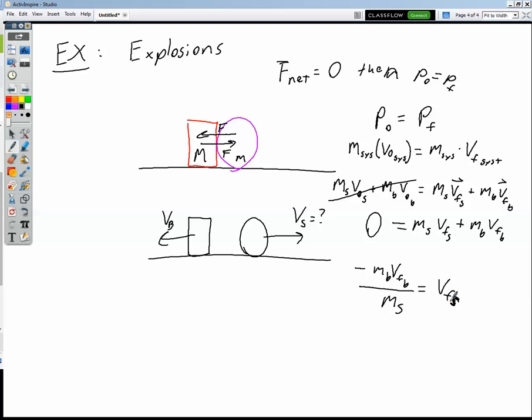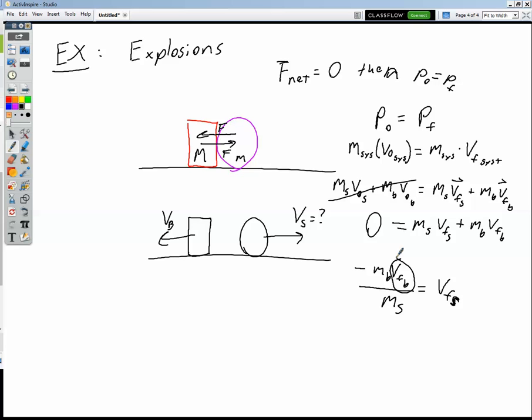And notice here the negative that we have on the left-hand side. Well, Bobby's final velocity is negative, so we're going to plug in a negative there, and the negative from Bobby's final velocity is going to cancel out the negative that's in front of that equation, and we're going to get a final velocity of Susie being positive to the right. All right, that's lovely. That's great.